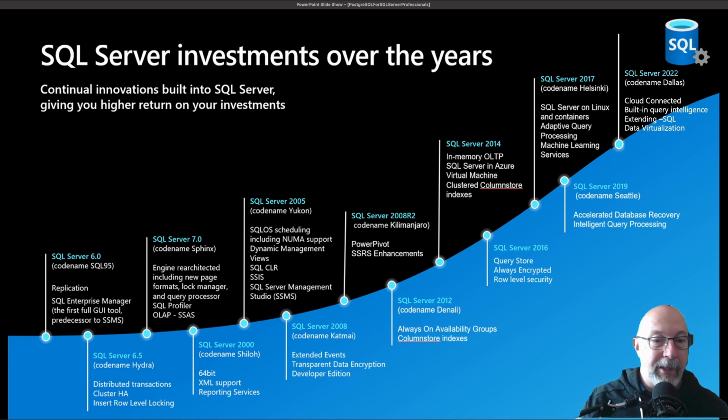SQL Server 2000, a super important release: 64-bit support was introduced. XML support started going above the relational paradigm and introducing some more complex data types. Also Reporting Services, a big success for creating reporting solutions on top of the SQL Server relational engine itself.